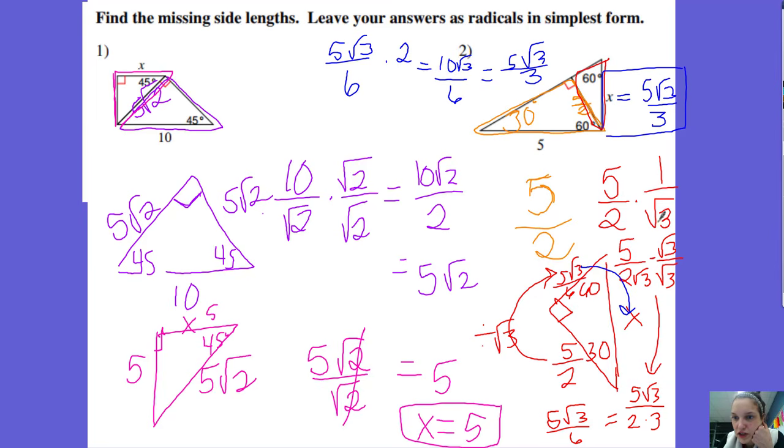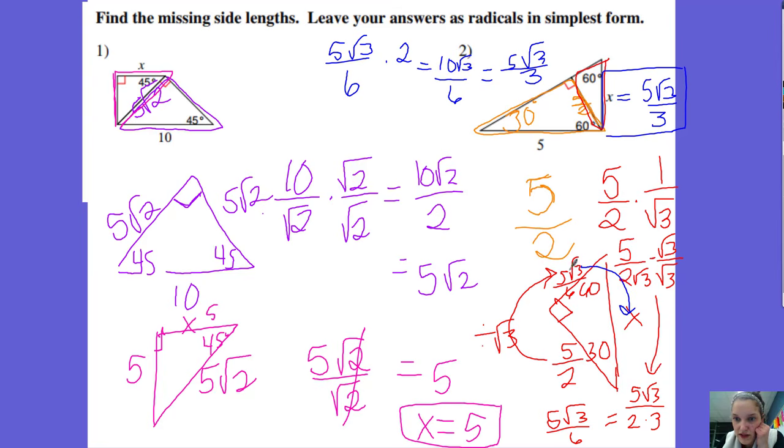Multiply straight across the numerator, straight across the denominator, gives me 5 over 2 root 3. Can't leave that square root in my denominator, so I'm going to have to rationalize it by multiplying by root 3 over root 3, which gives me 5 root 3 over 2 times 3, which was 6. So that was the short side.